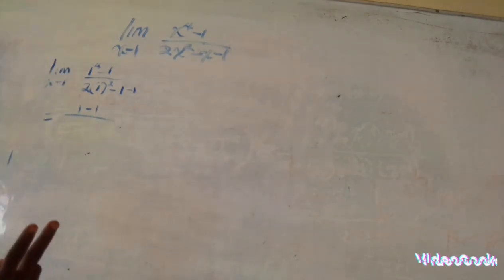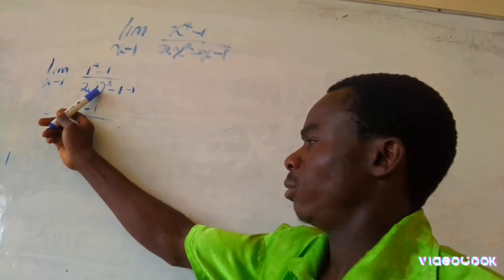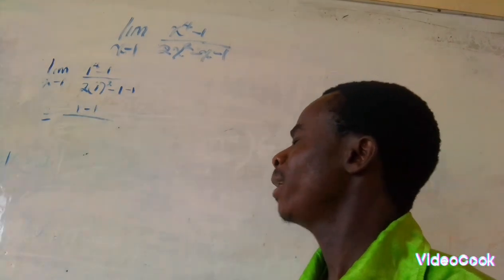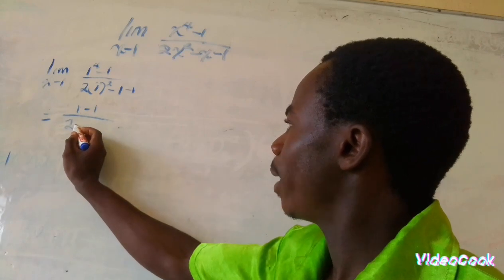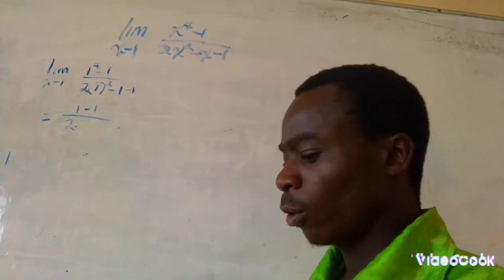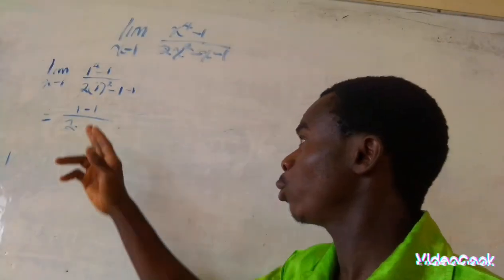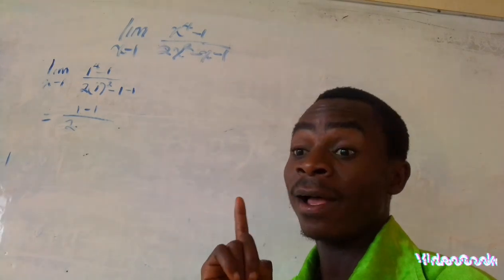So here we're going to say 2 times 1, minus 1 minus 1. That means we have 2 minus 1, minus 1, which is negative 1 and negative 1, giving you negative 2. Why? Because when 2 like signs appear, you add the numbers and take one of the signs.